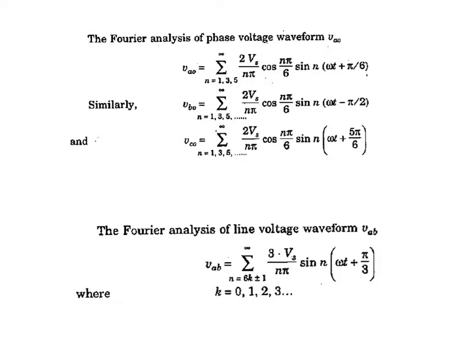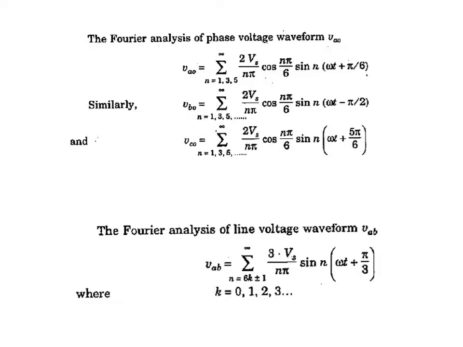Similarly, from steps 2, 3 and 4, we can find out the neutral voltages with respect to B and C. So the Fourier analysis shown in the equation is taken considering only the step 1 equivalent circuit.